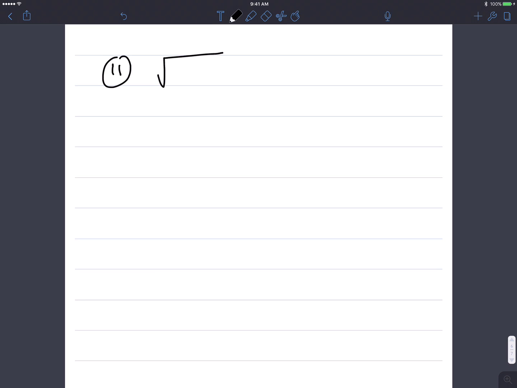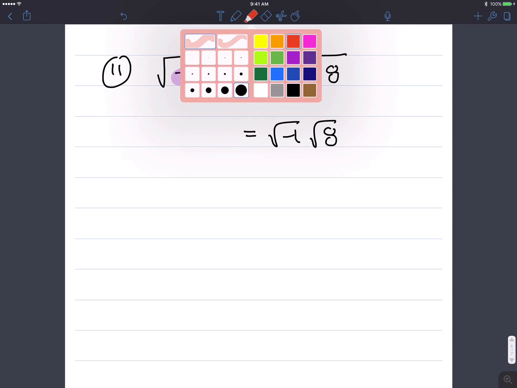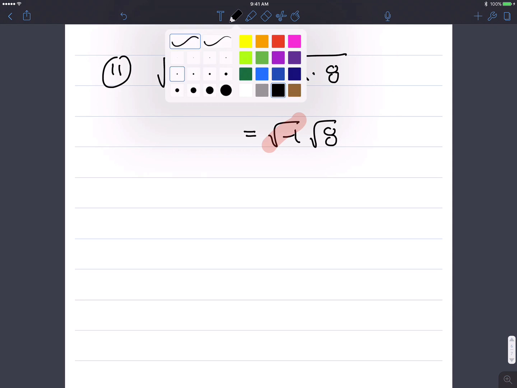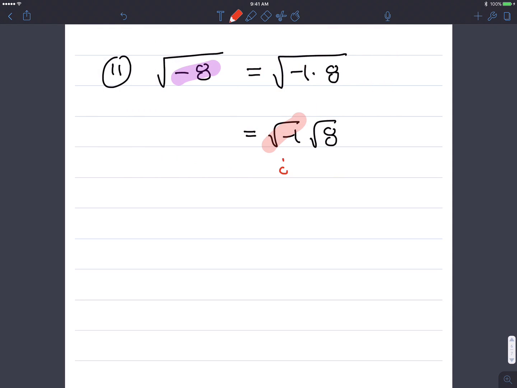Number 11, square root of -8. Notice again, we have a negative number under our radical. We write this as -1 times 8. Square root of -1 times the square root of 8. Again, the square root of -1 gets replaced with the letter i.